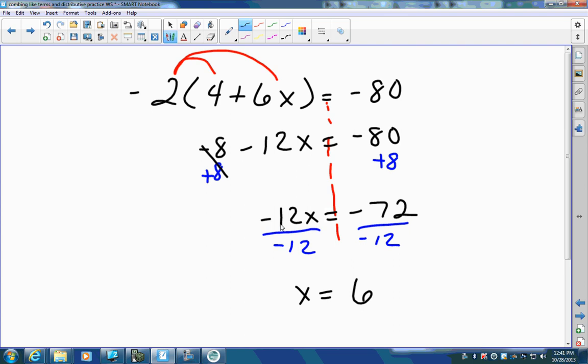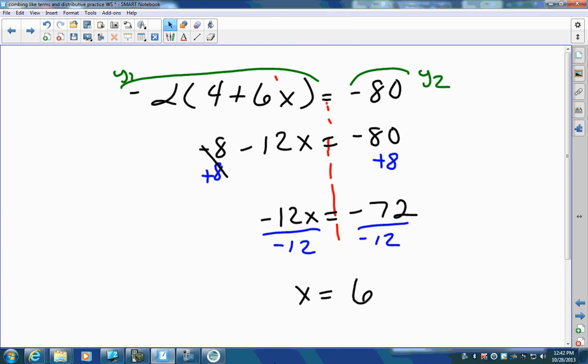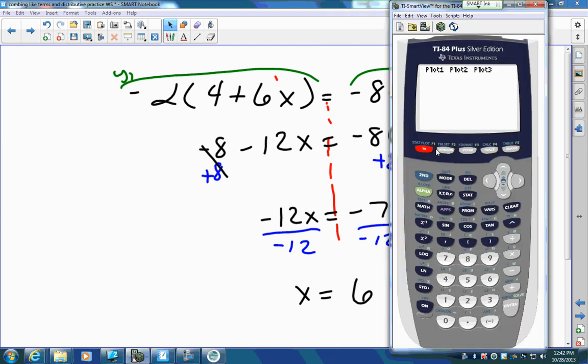Now the difference here, when we go to check an actual equation, okay, we're going to put the left-hand side into y1, the right-hand side into y2. So as I go into my handy-dandy calculator, I'm going to put in there negative 2, parentheses, 4 plus 6x, and then go down to y2 and put in there negative 80.